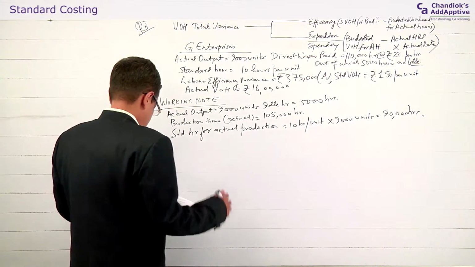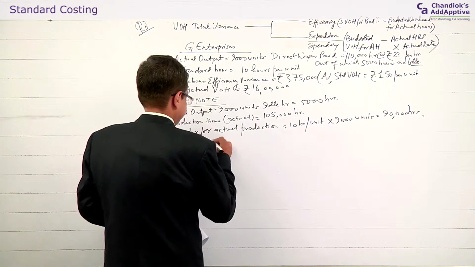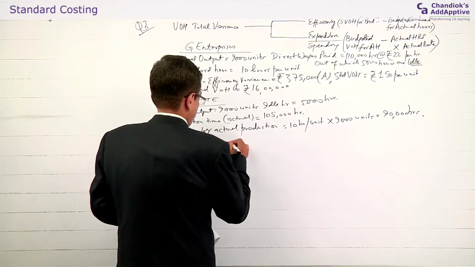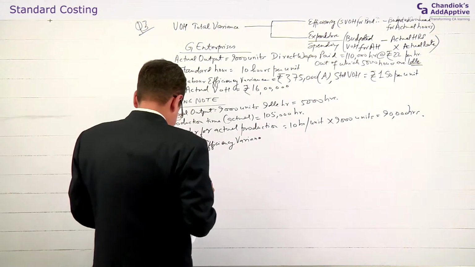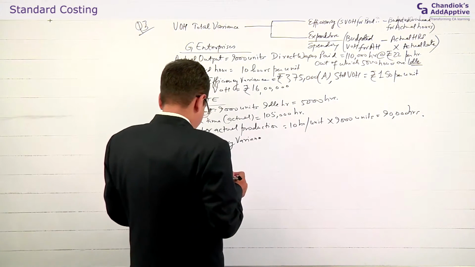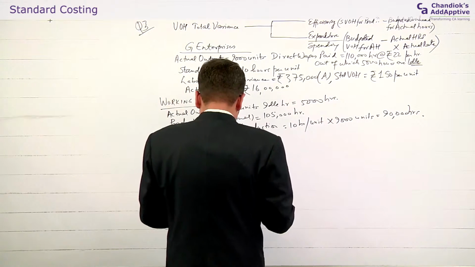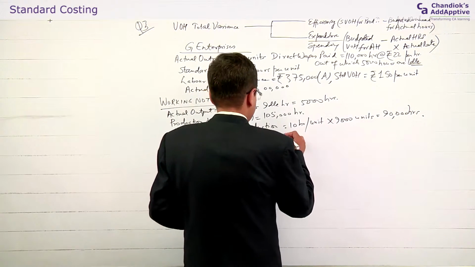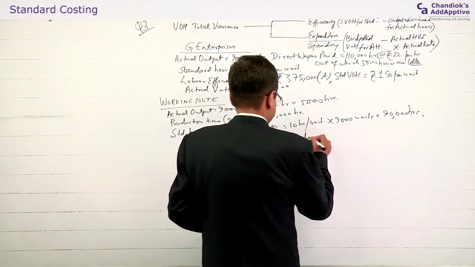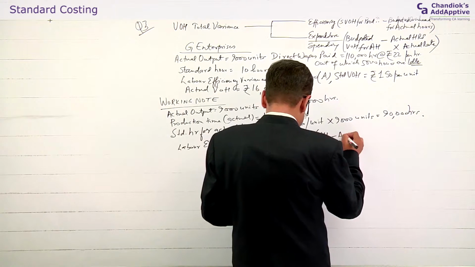Further, you notice labor efficiency variance is given. I can write it like standard rate into standard hour minus actual hour.